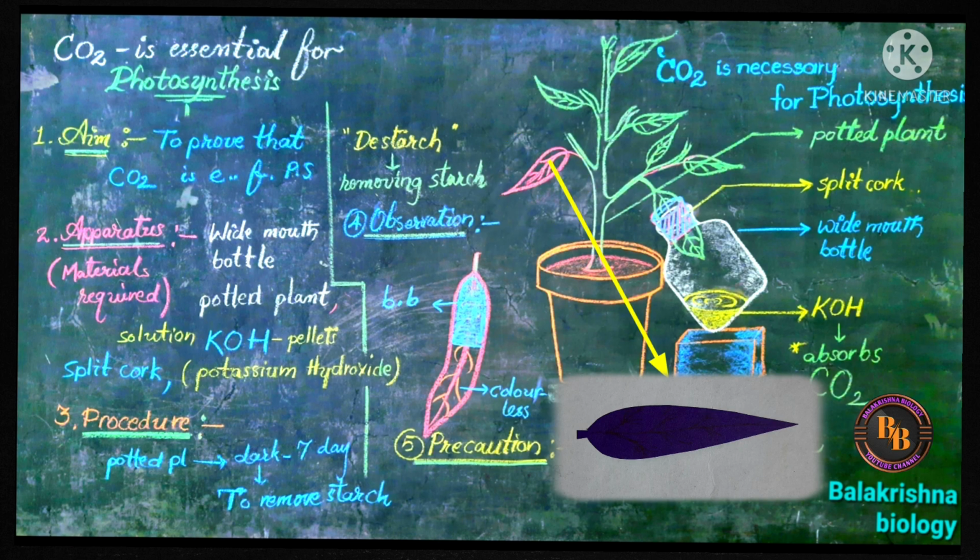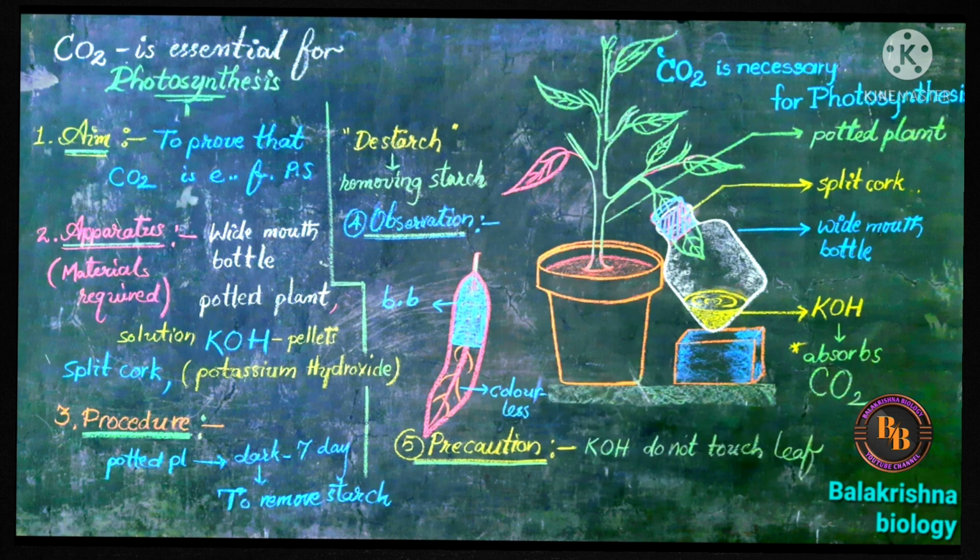It received carbon dioxide from the air and prepared starch. So when we did the starch test or iodine test, that complete leaf turned blue black. By this we can conclude that carbon dioxide is essential for photosynthesis.